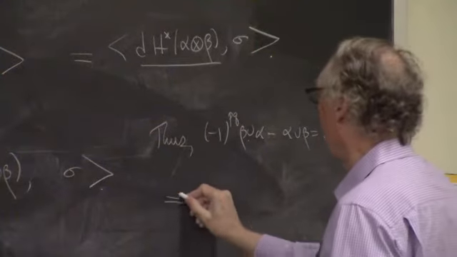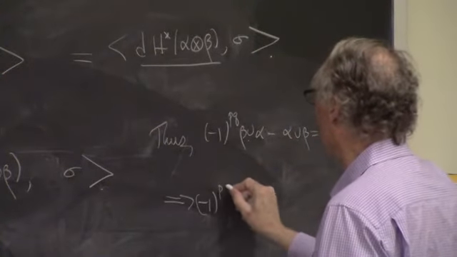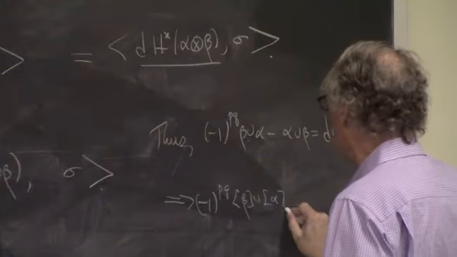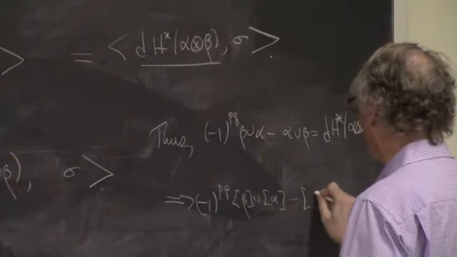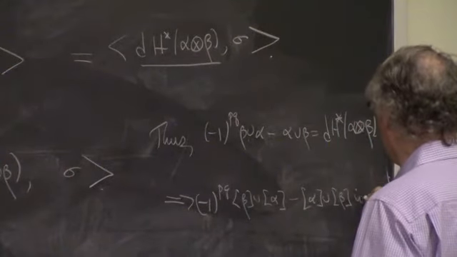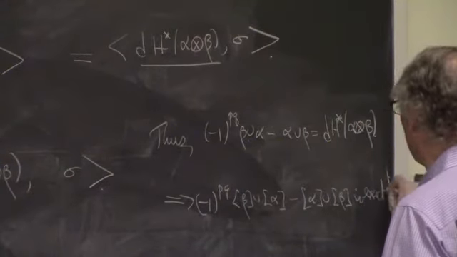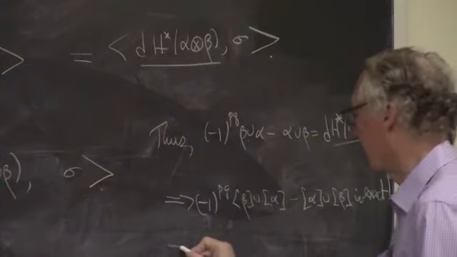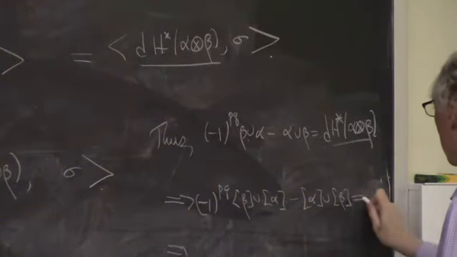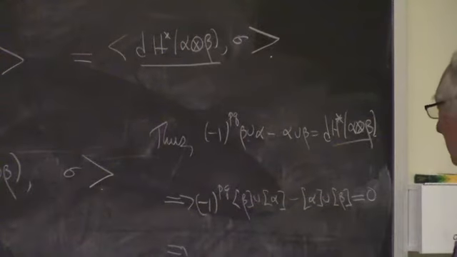So that implies -1 to the PQ beta cup alpha minus alpha cup beta is exact, D of this. And that means, well, it is 0. It's the exact cohomology class, which is 0.